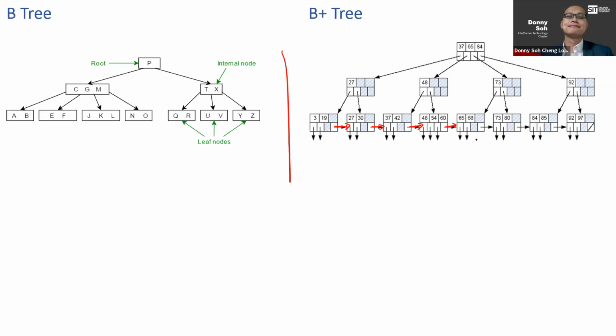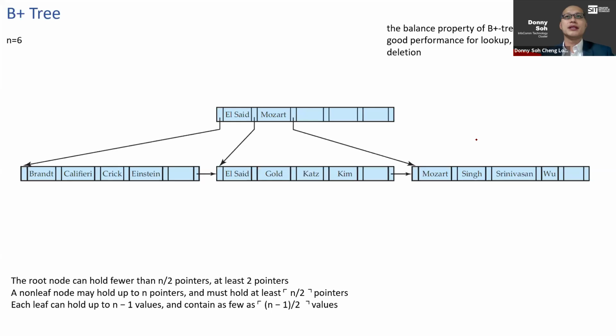The B plus tree has a particular property called the balance property, which ensures good performance in lookup, insertion, and deletion, which is why it is being used in this context.